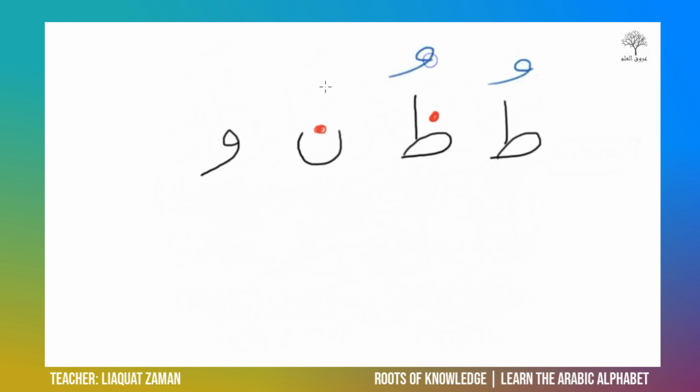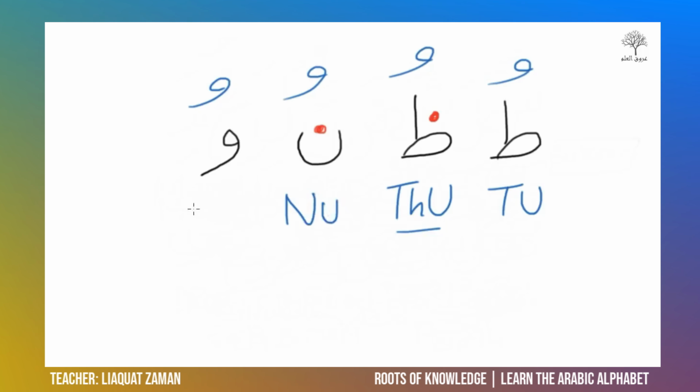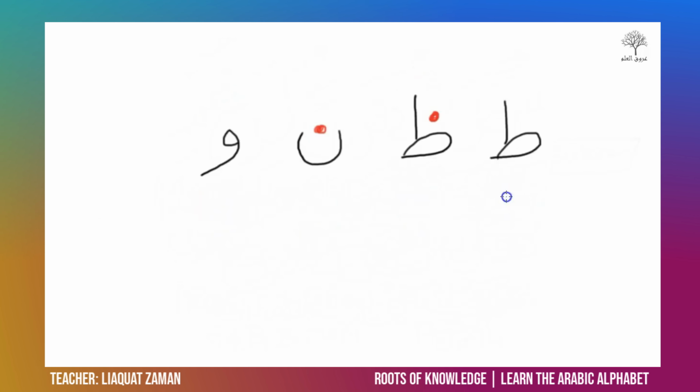Let's try it with a dhamma then. So have a go. Tu, dhu, nu, and wu. So tu, dhu, nu, wu. Now let's try it with the kasra.